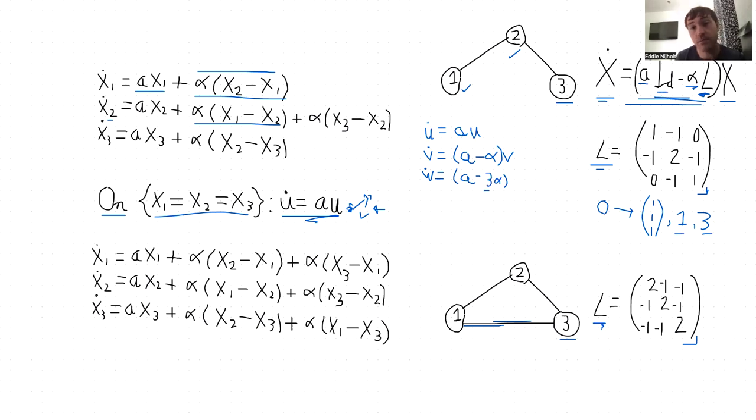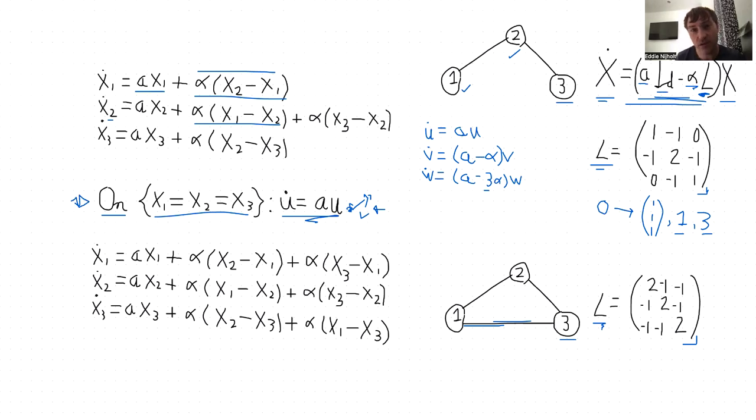And now we're in business because now we can precisely see when we will have synchronization. When the synchrony space over here is stable, so in these new coordinates, this synchrony space will actually correspond to v is zero and w is zero. So when is that space stable?